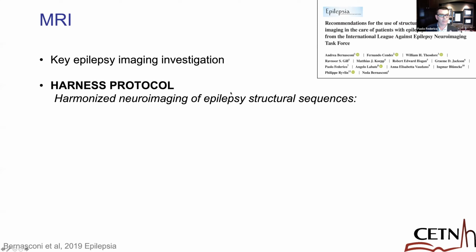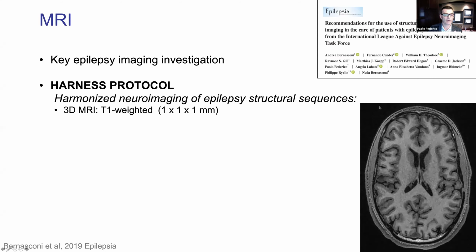We strongly recommend following what's called the HARNESS MRI protocol. HARNESS stands for Harmonized Neuroimaging of Epilepsy Structural Sequences. And there are 3 key sequences in this protocol that every proper seizure protocol should have in every epilepsy center, okay? The first is a 3D volumetric acquisition of T1 weighted images with 1 millimeter isotropic voxels.